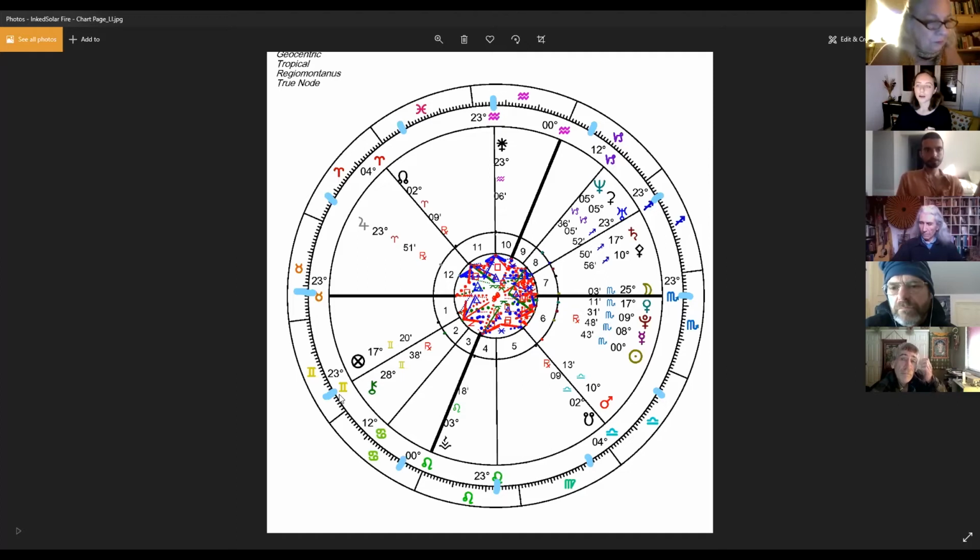And then you can see that in this chart, interestingly, many things fall on the 23rd degree. Out of all the house cusps, I've got the second house again on the 23rd degree, now in Gemini. Then the fifth house starts at 23 Leo. The seventh house, the descendant, starts at 23 Scorpio. The eighth house, 23 Sagittarius.